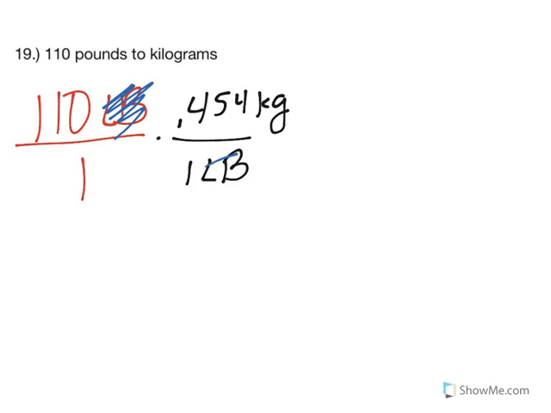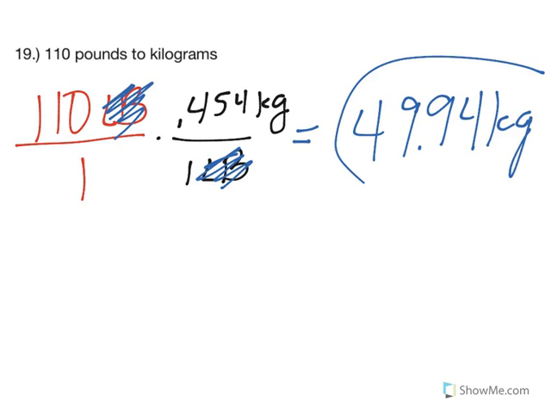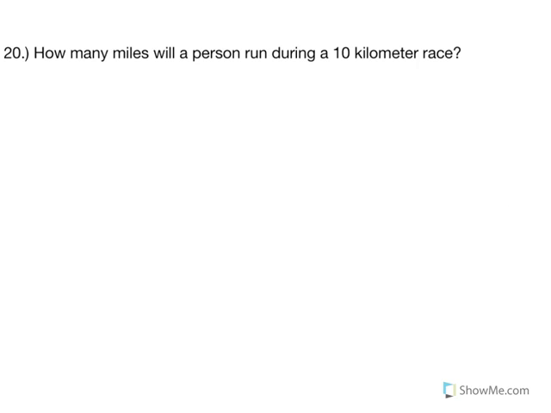Makes my LBs go away, and I am left with 49.94 kilograms. If you use the other conversion for this piece, the kilogram to pounds, it's not wrong. You're just going to get a slightly different answer. You'll be off by a tenth or 2. It's nothing huge. It's not a big deal, mathematically anyway.